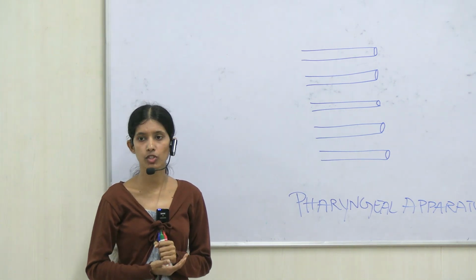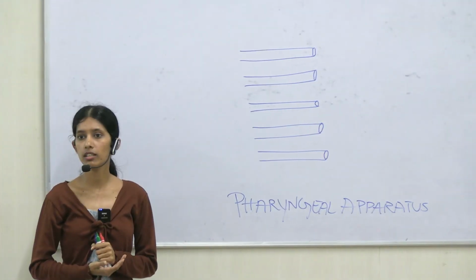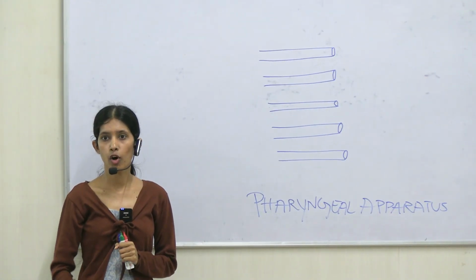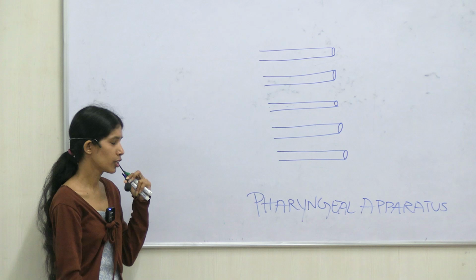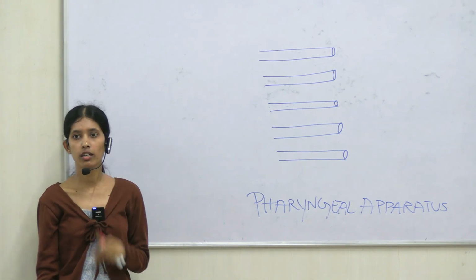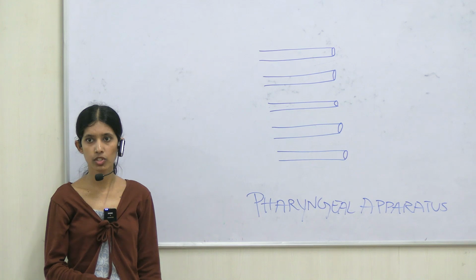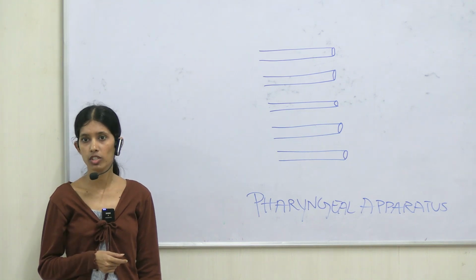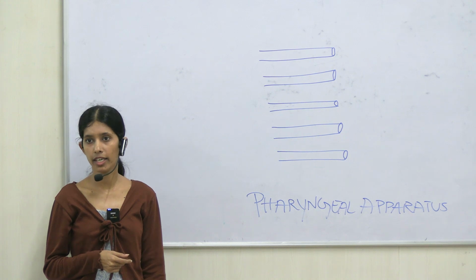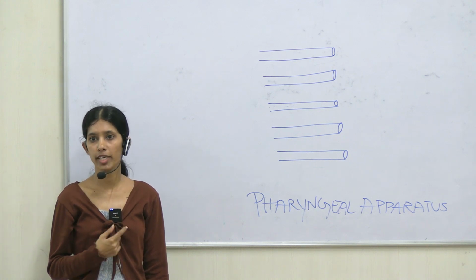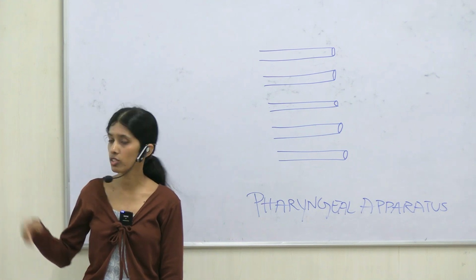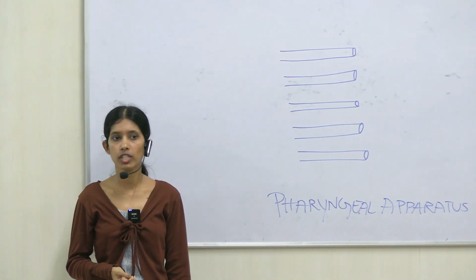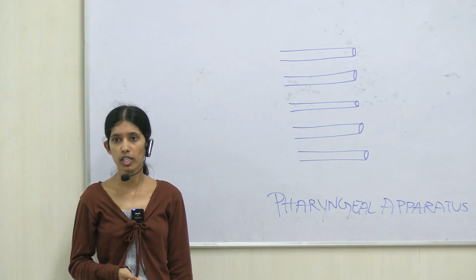It gives rise to various structures present in the head and neck region, including face, jaw and the outer part of the ear. It consists of pharyngeal arches, pharyngeal cleft, pouches and pharyngeal membrane.